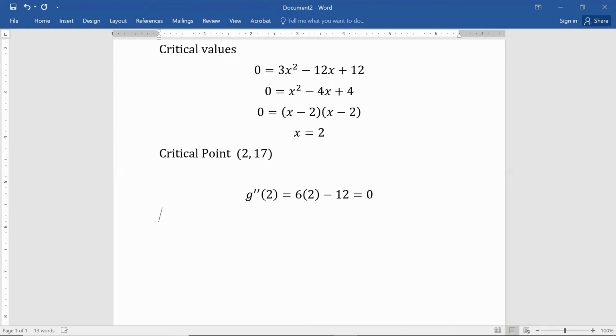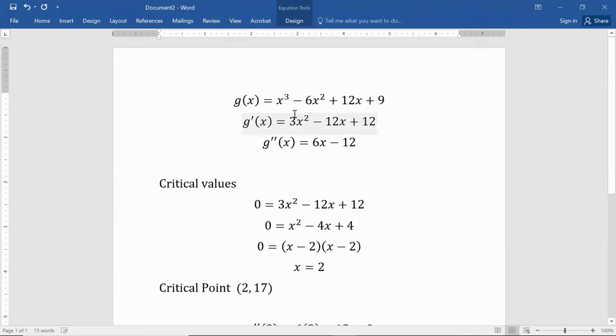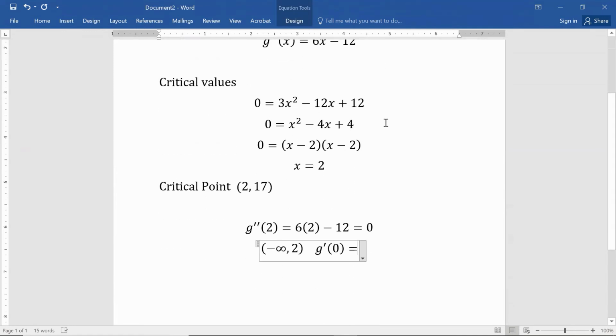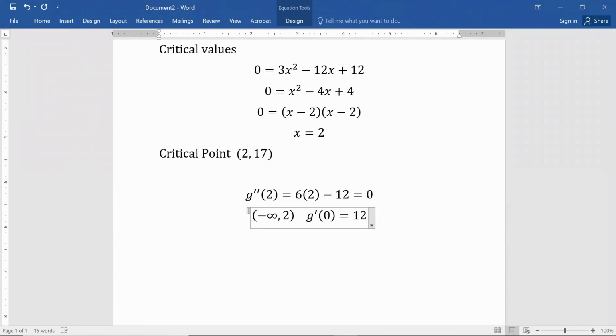If you look at the interval from negative infinity up to 2, plug something into the first derivative that's within that interval. Let's plug in 0. Remember, the first derivative is 3x squared minus 12x plus 12. So the first derivative, when I plug in 0, gives me 12. That means from negative infinity up to 2, my function is increasing.